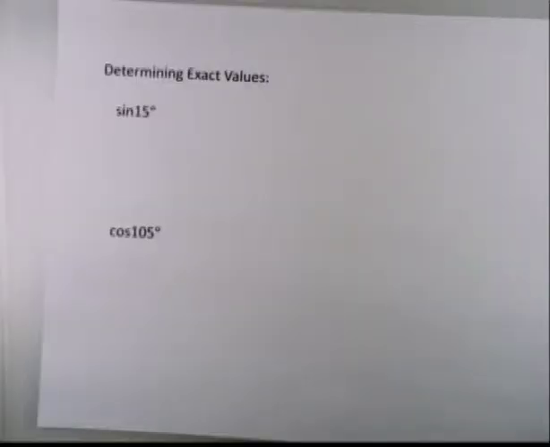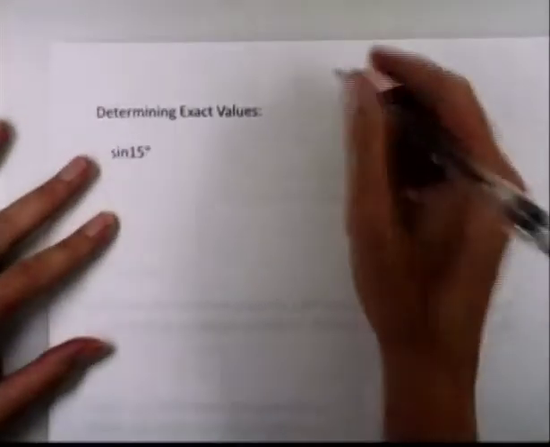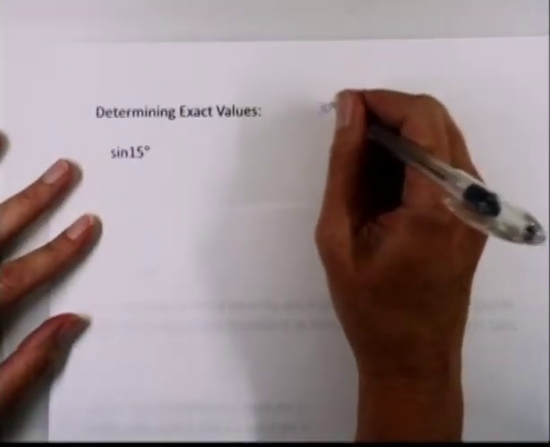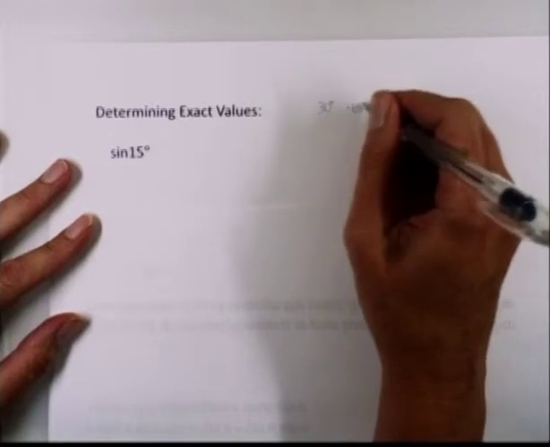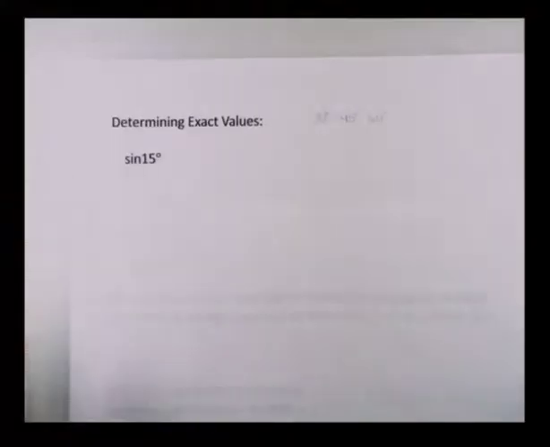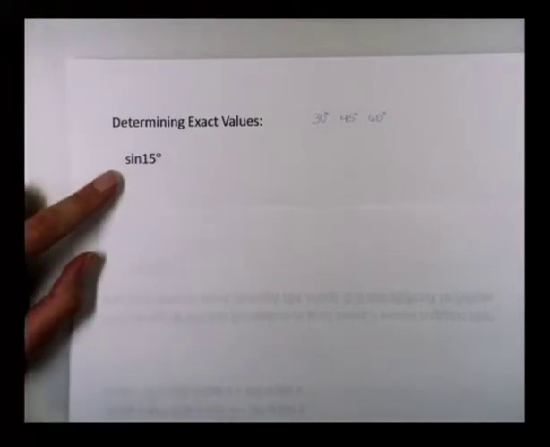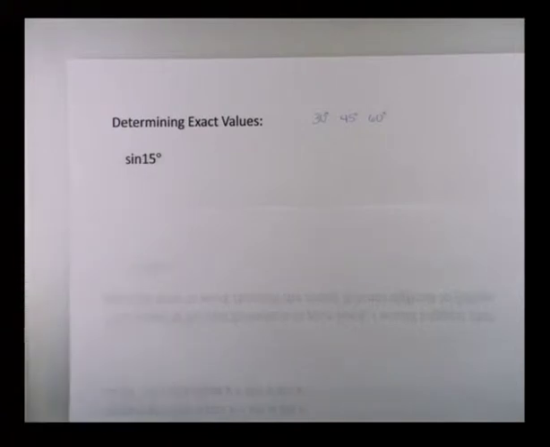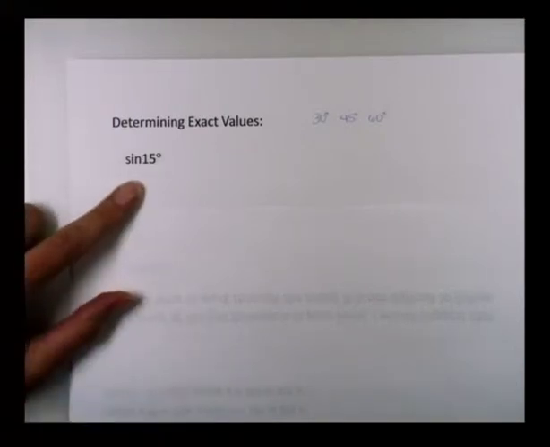Okay. So the first thing we're going to look at is determining some exact values. We know that we can find exact values for 30 degrees, 45 degrees, 60 degrees, and then all their related angles in the other quadrants. So if I want to find the exact value for the sine of 15, I'm going to use my addition formulas and try to come up with 15.